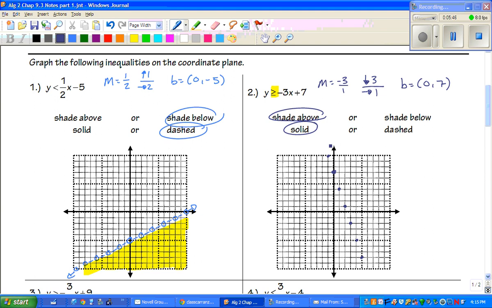Then with a straight edge, you will connect that line. Oh, I started at the wrong point. There we go. It said to shade above, so from where I start, I shade everything that is up from it.